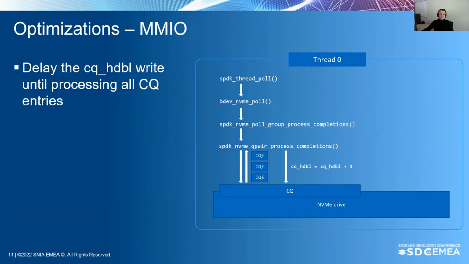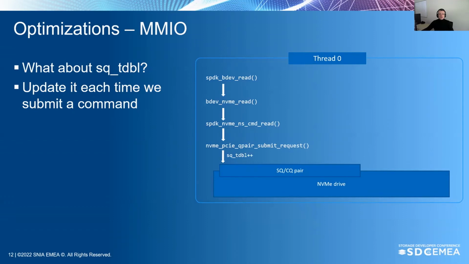This is very trivial, and probably all NVMe drivers are doing that, but I still think it's something worth mentioning. The diagram on the right shows a simplified call stack from an SPDK application. I will be using similar diagrams to showcase the optimizations that we are doing throughout this presentation.